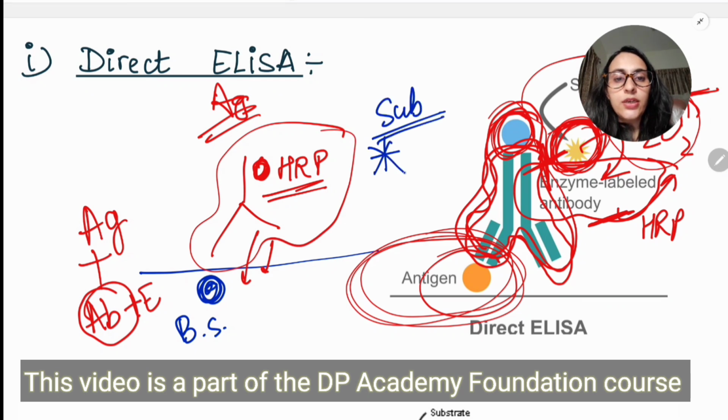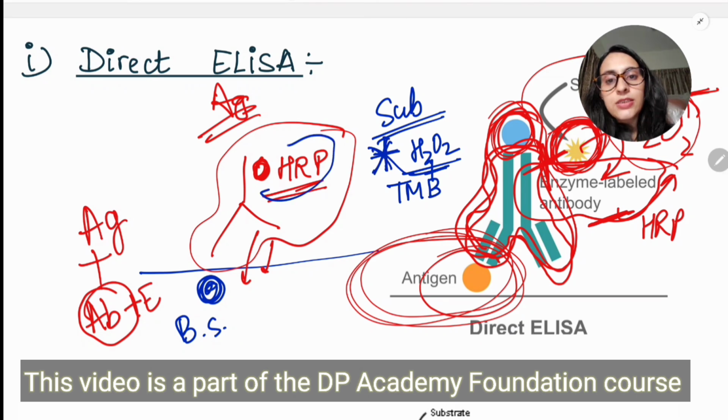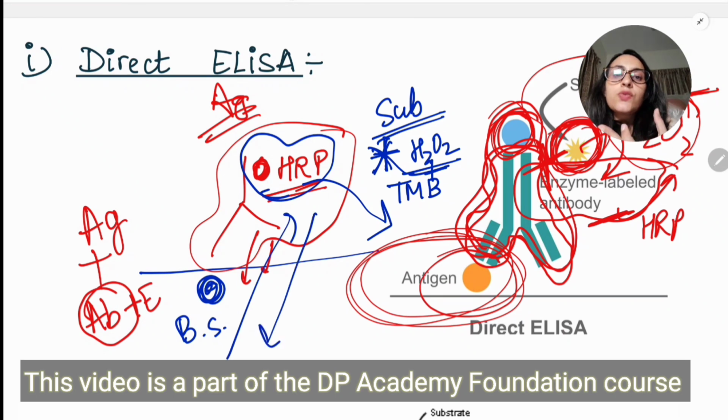This substrate contains the hydrogen peroxide. Along with that, it contains the chromogen. What is the chromogen? Tetramethylbenzidine. When this substrate reacts with this HRP, it is going to change the color. And we see the antigen-antibody reaction. So this reaction is pretty much visible when the color comes out. We know that antigen has reacted to antibody because there is a change in color. And this is the direct ELISA test.